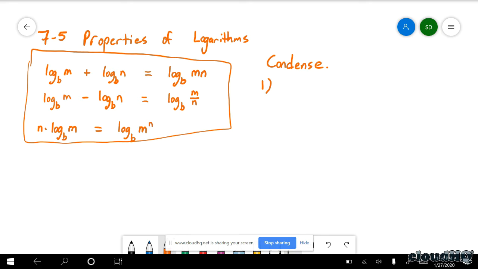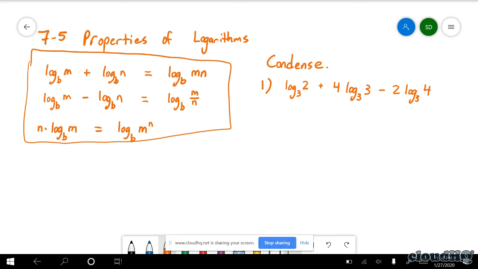So let's do log base 3 of 2, plus 4 log base 3 of 3, minus 2 log base 3 of 4.